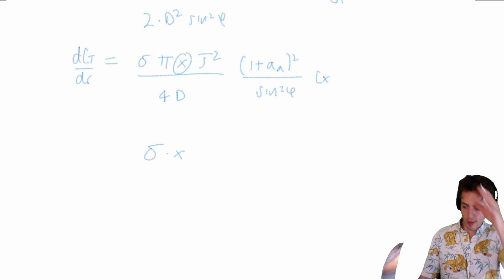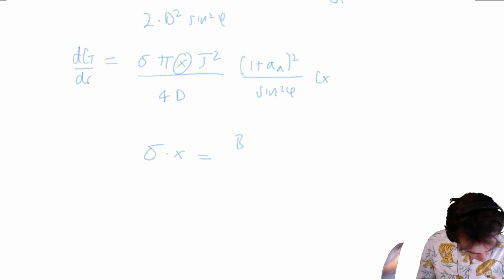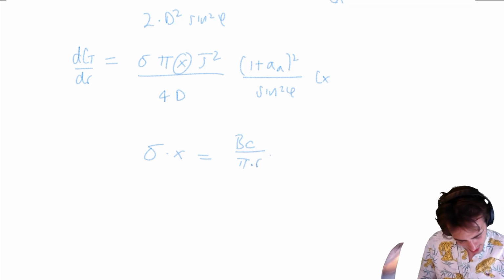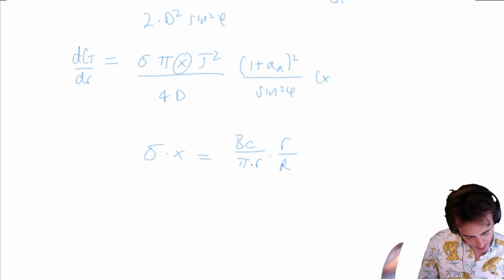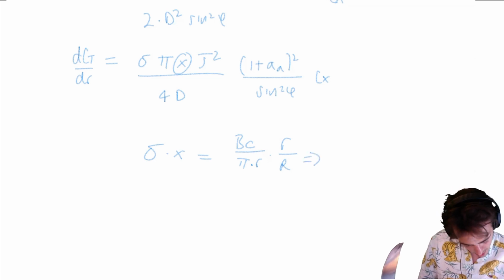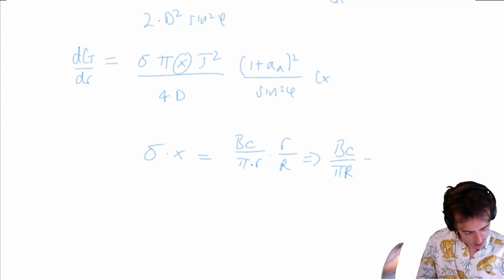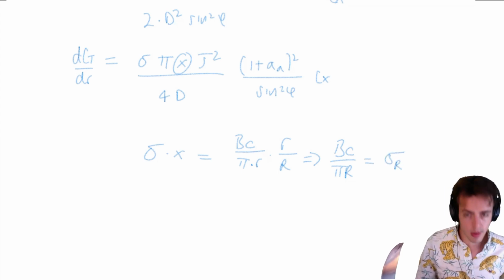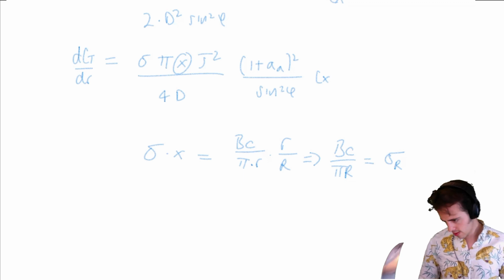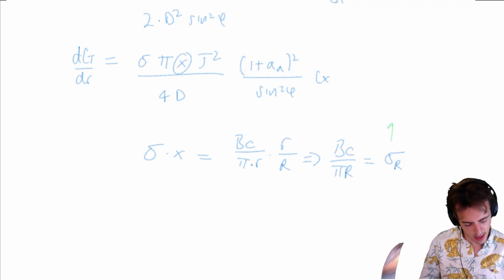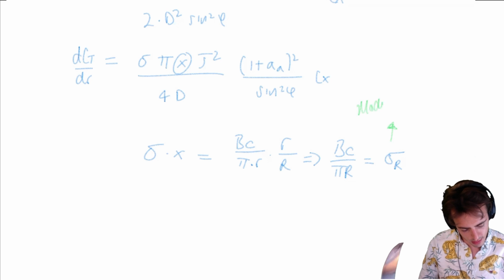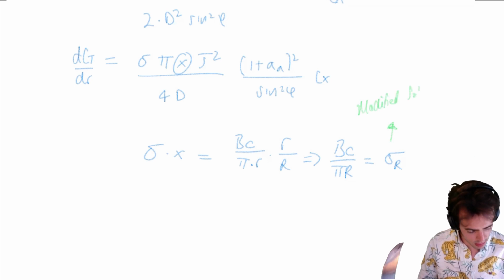So if we take these 2 terms and we multiply them together, we remember that sigma is our local solidity, bc on pi multiplied by r, and x is r divided by R. So this gives me some new term, which is bc on pi uppercase R, where remember uppercase R is the radius. So we call this sigma R. I've called this modified solidity here. I've never found a name for this particular term. Modified solidity.